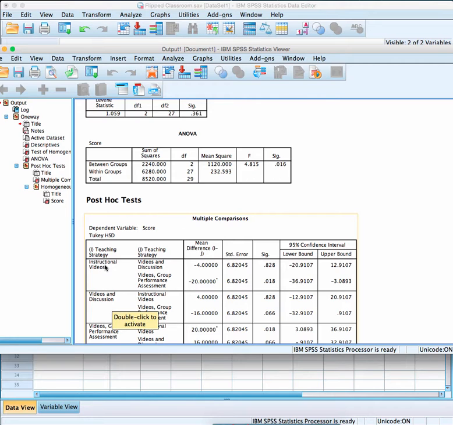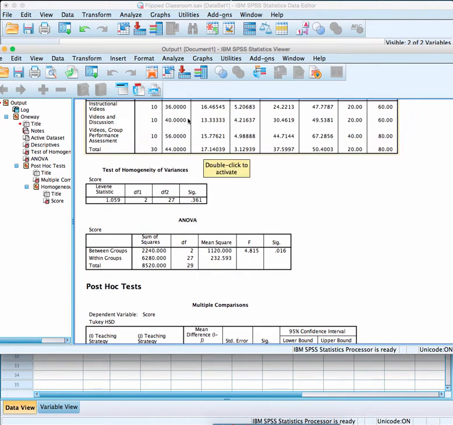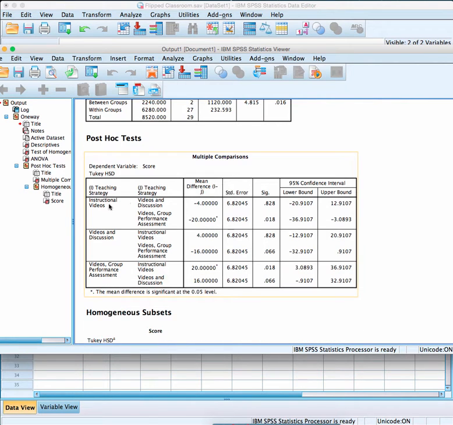And then if we compare the instructional video group to the videos and group performance assessment group, we see that this mean is 36, and the mean for the video group performance assessment is 56. So 36 minus 56 is minus 20.